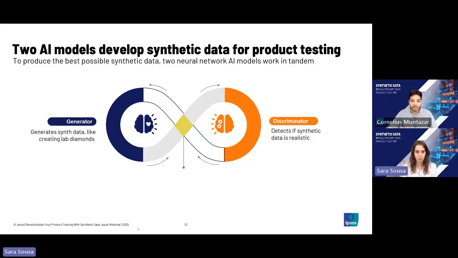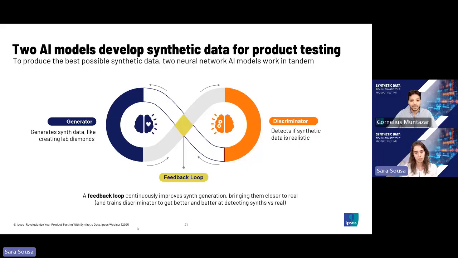The generator is what creates the synthetic data, imagining new possibilities based on the patterns that it has learned. The discriminator is a discerning critic evaluating the realism of the generated data. All within a feedback loop, this pushes the model to improve and refine the synthetic data until it's virtually indistinguishable from real human data.